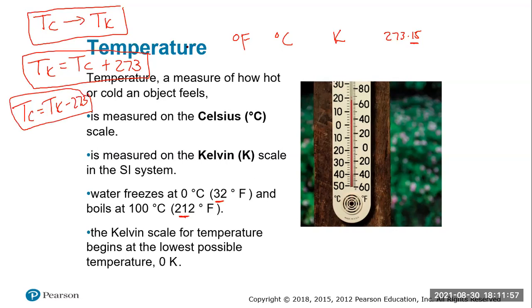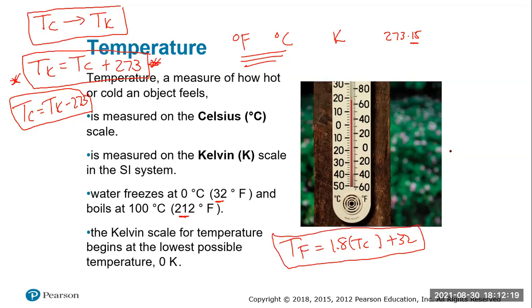Again, out of the two here, this is one that we use a lot, converting to Kelvin. Fahrenheit and Celsius also can convert. The temperature in Fahrenheit is equal to 1.8 times the temperature in Celsius plus 32.